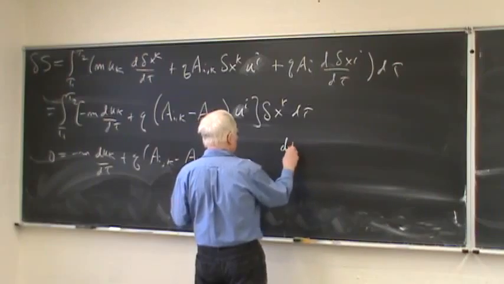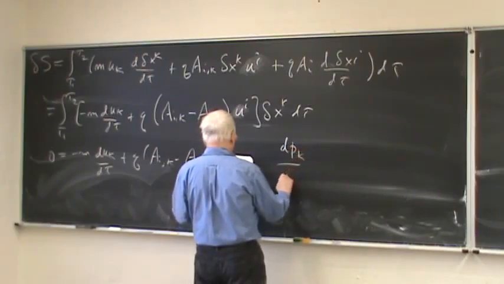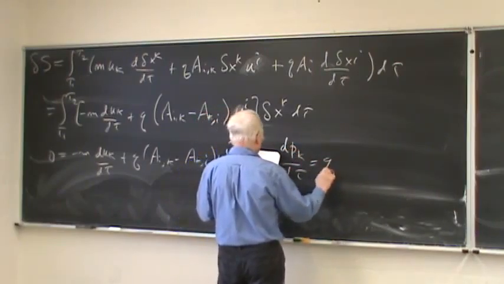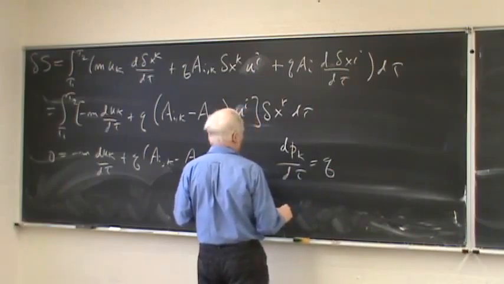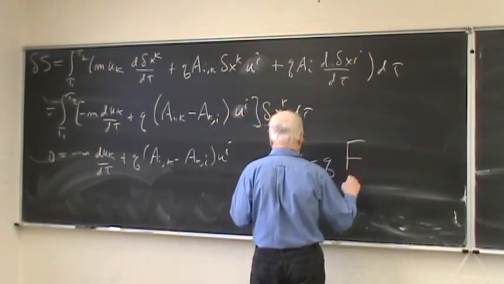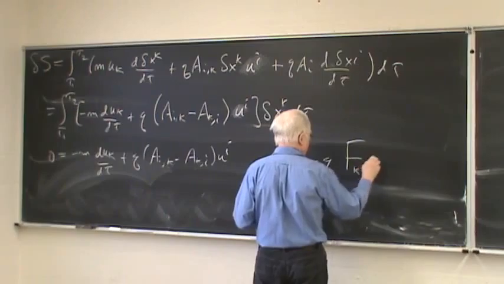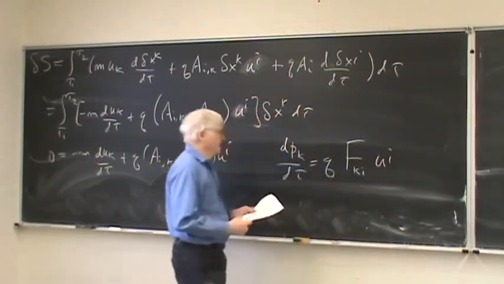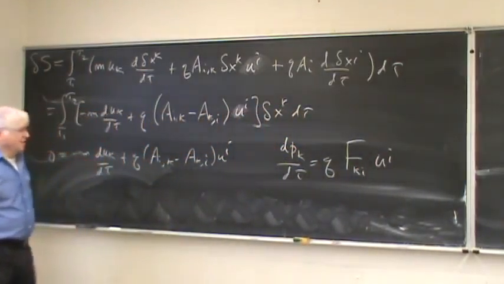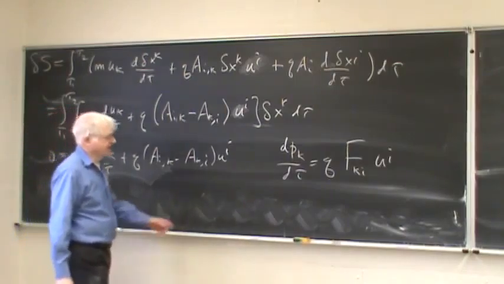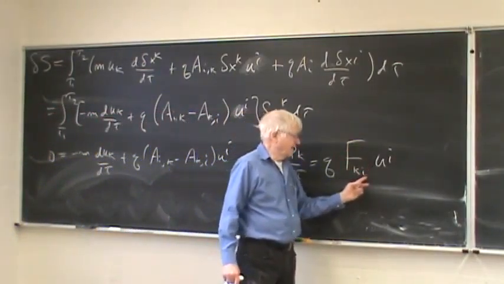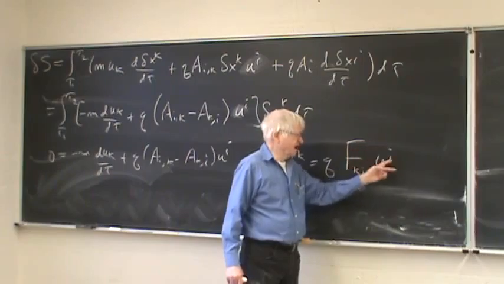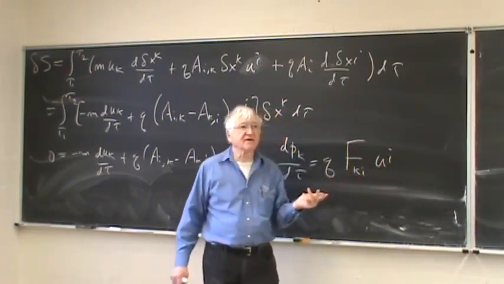So let us just say dp_k/dτ is equal to q F_ki u^i. And the way I wrote it in the book was I raised the index k and raised this i and lowered that i, but it's the same.